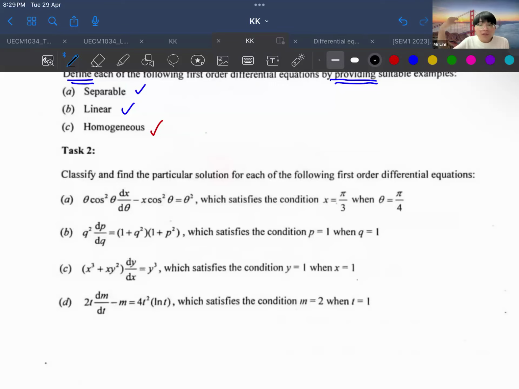Out of these 3, separable, linear, or homogeneous, which one do you think? If you say homogeneous, you are still new to it, not very sure. But can you tell whether it is separable or linear? If you already learned. If not yet, then never mind. If not yet, probably you can watch the recording back. No idea? I think most of you are still new to the differential equation chapter. I assume that.